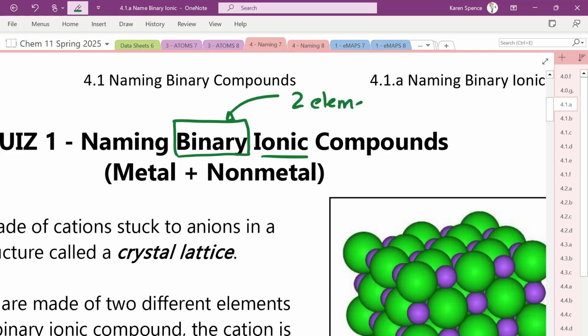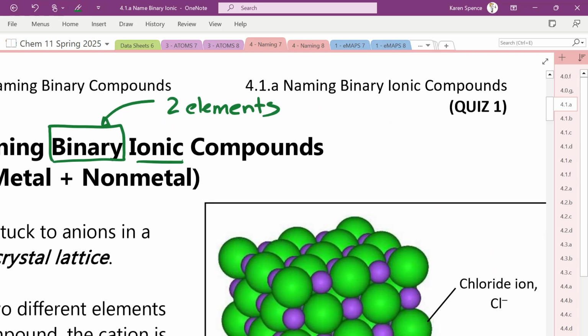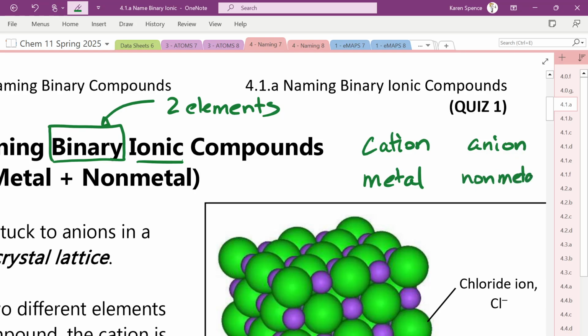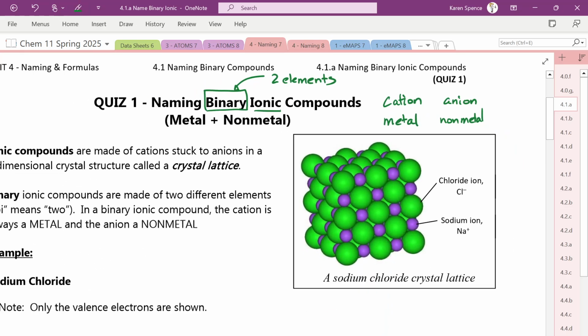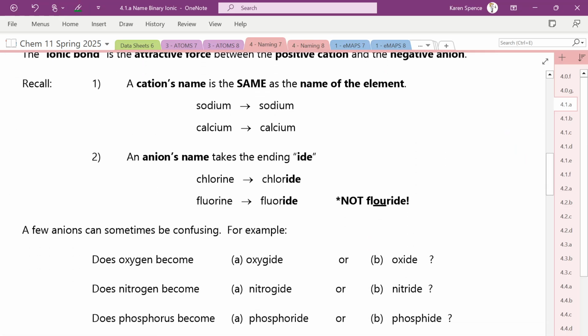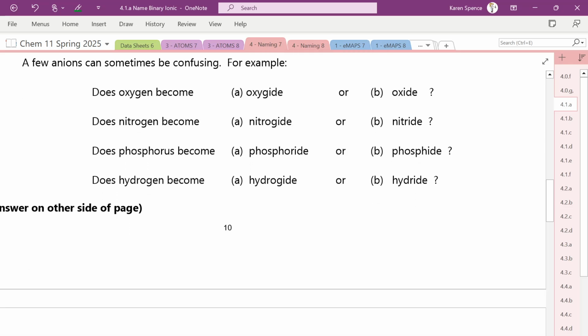What are those 2 elements if they are ionic? Cation? Oh, they're metal and non-metal. Yep, the cation is a metal, and the anion is a non-metal. And if you're just finishing up your rewrite of the quiz, we are on page 10.